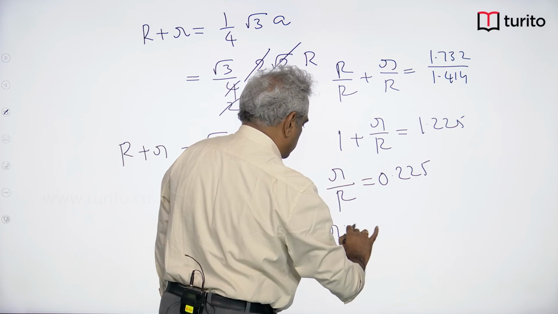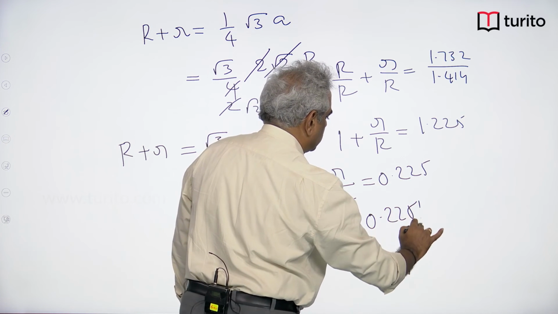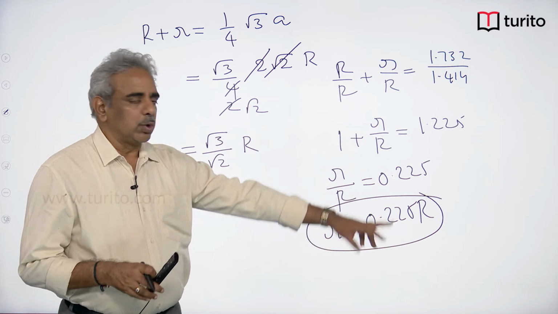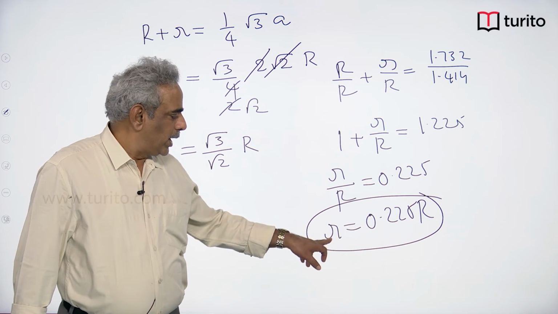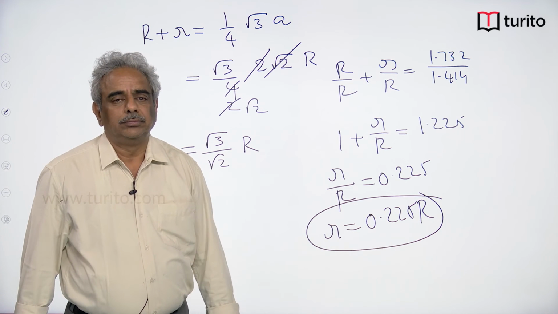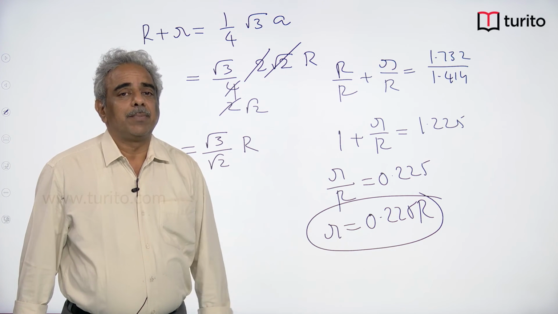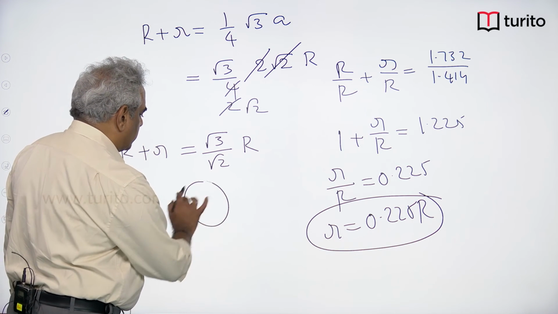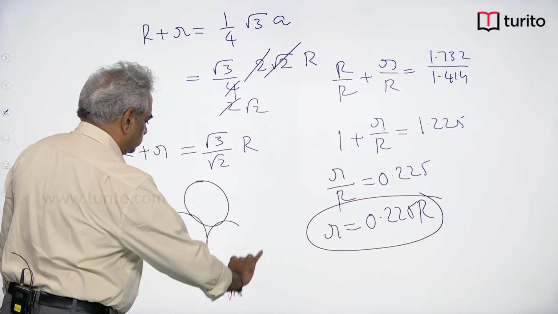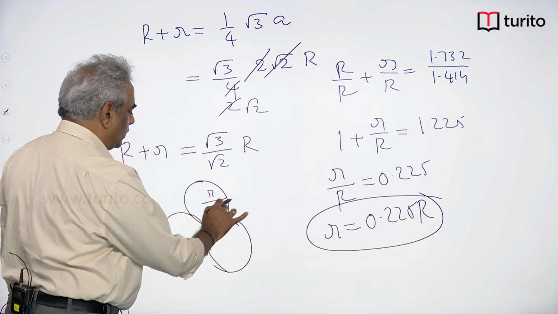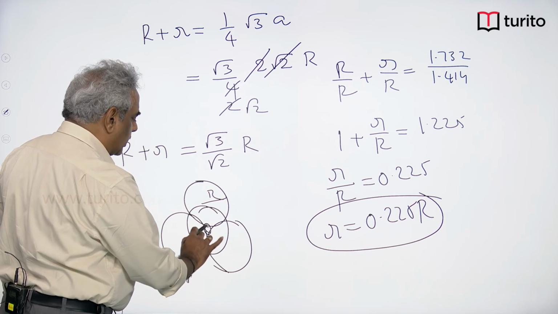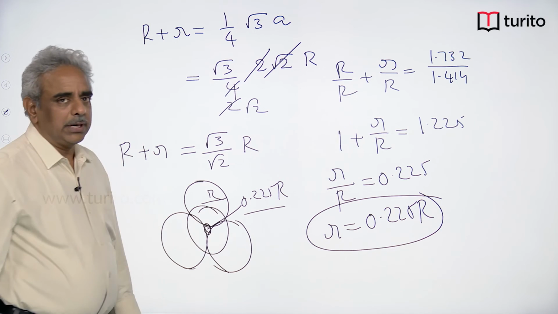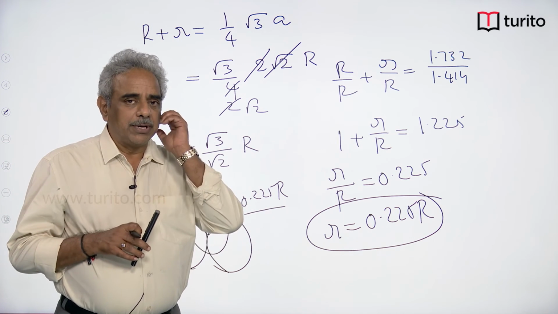So r is equal to 0.225 into capital R. So this is the story. The tetrahedral void is 0.225 that of the radius of the sphere making the void. So if you have spheres in contact with radius R, and you have a tetrahedral void here, its radius will be 0.225 capital R.